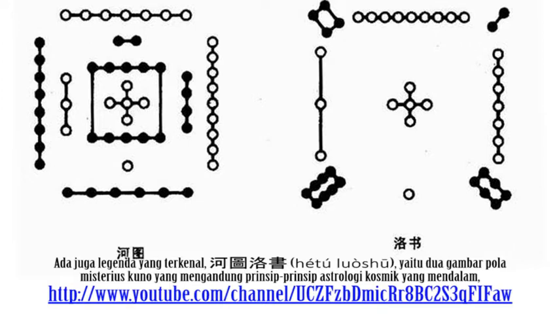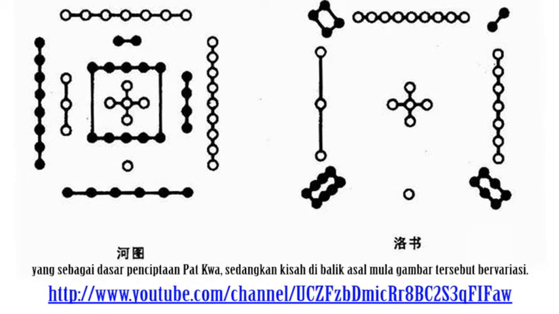There is another famous legend of 河图洛书, 2 ancient mysterious pattern drawings containing profound principles of cosmic astrology as the base of 八卦 creation, while the stories behind the origin of those drawings themselves vary.